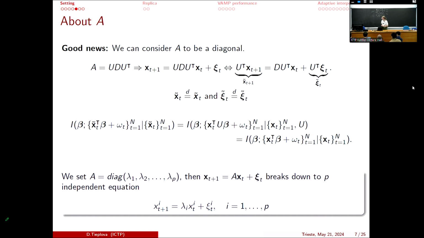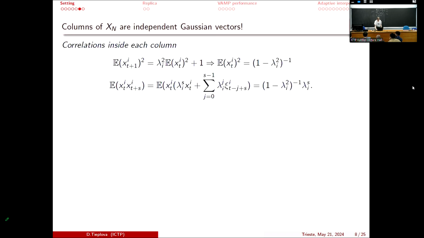Okay, so I stopped on a very nice fact that for our design matrix, columns are independent and each column is a Gaussian vector with some covariance matrix, right?